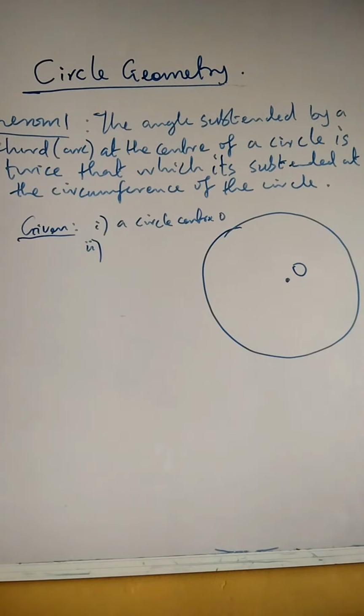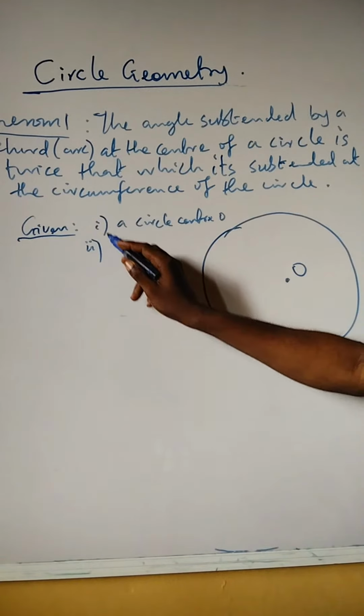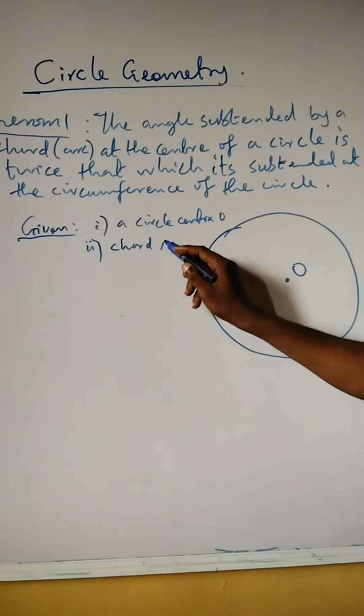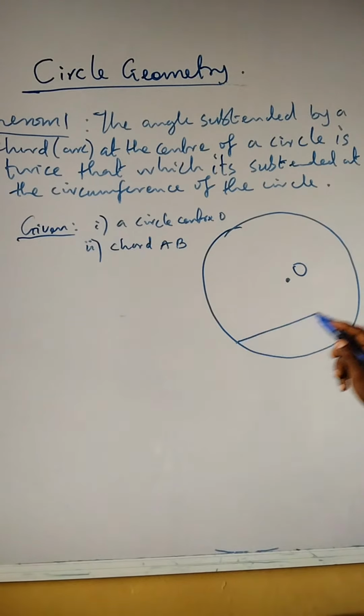The angle subtended by a chord or arc at the center of a circle, that means we must have a circle. Now, we have a chord or an arc. Let's use a chord here. We have chord AB, given chord AB. So we can draw the chord as we want it. So this is chord AB.